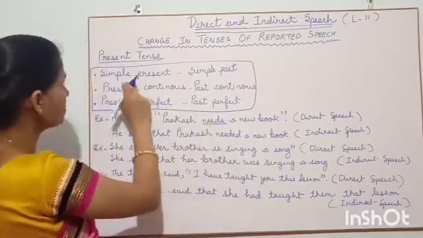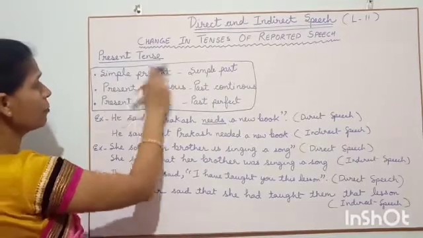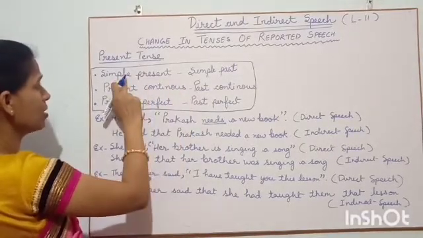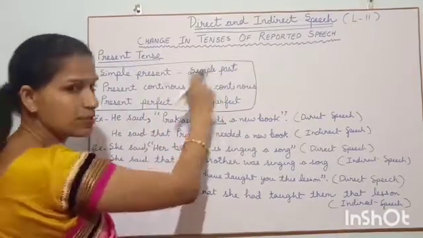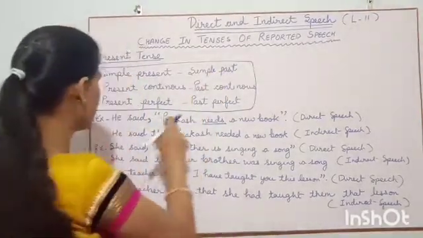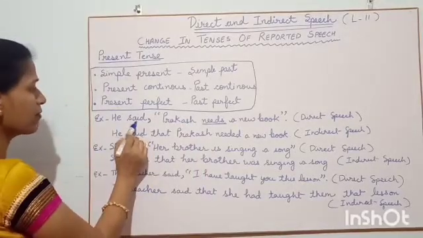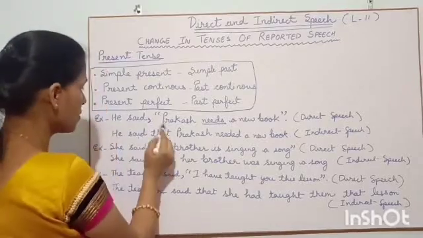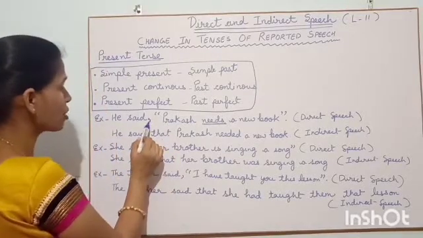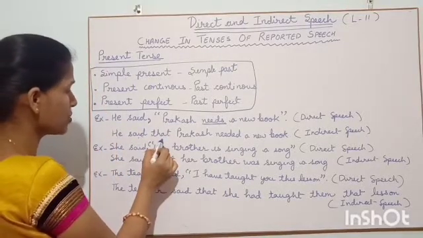Let's switch back to the formula or the chart here. If this is simple present, then definitely we have to change it into simple past. Let's see. He said. Said will remain said according to the chart I have given you in the previous video. That, after removing your comma, you have to use that.